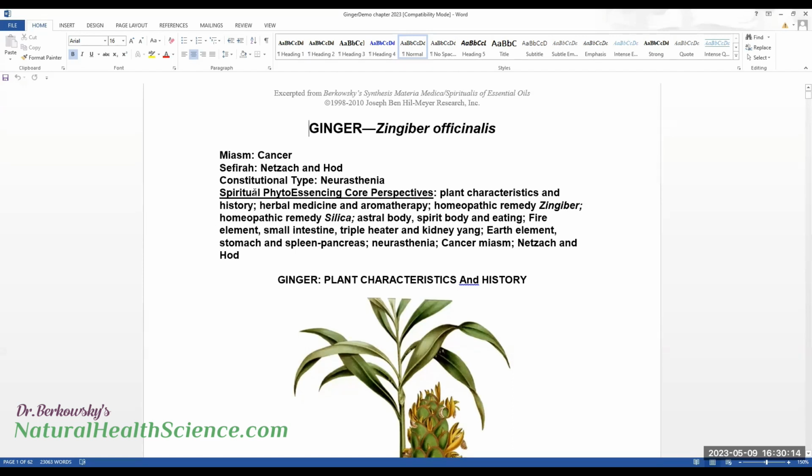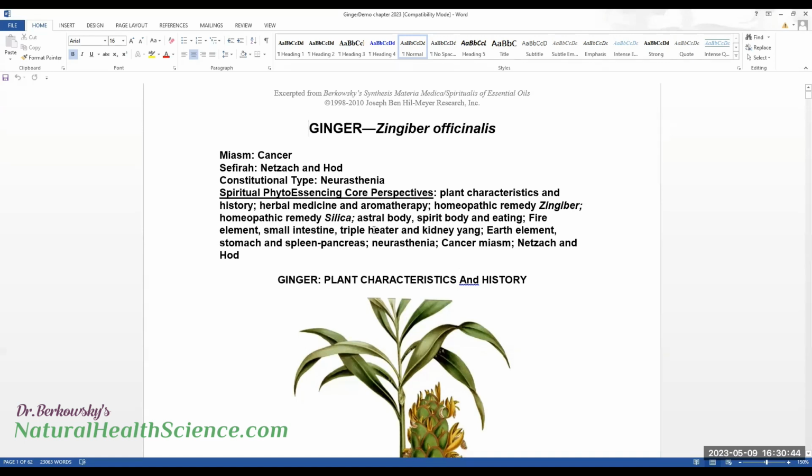And then we see all the core perspectives, which is essentially all the subtitles in order as they occur in the chapter. So if I'm looking for something in particular, I can see approximately where it is in the chapter. If I want to learn about the miasm, it's pretty close to the end of the chapter. If we want to see what ginger has to do with, for instance, the small intestine, it's in the middle.